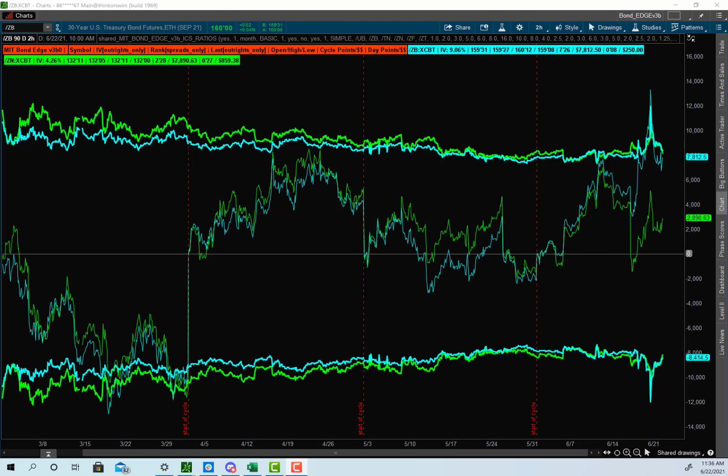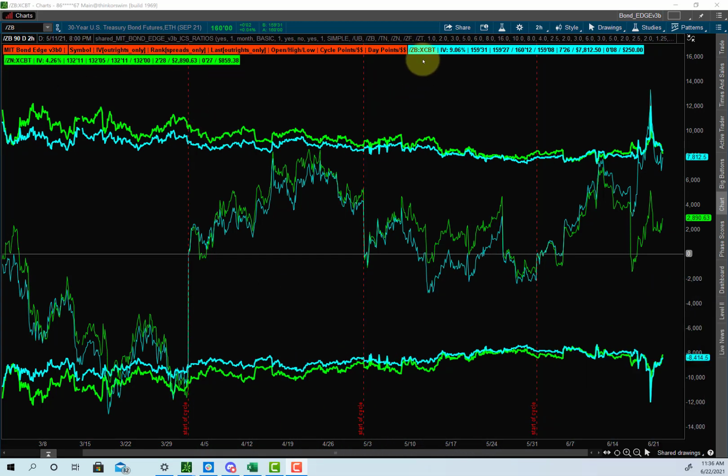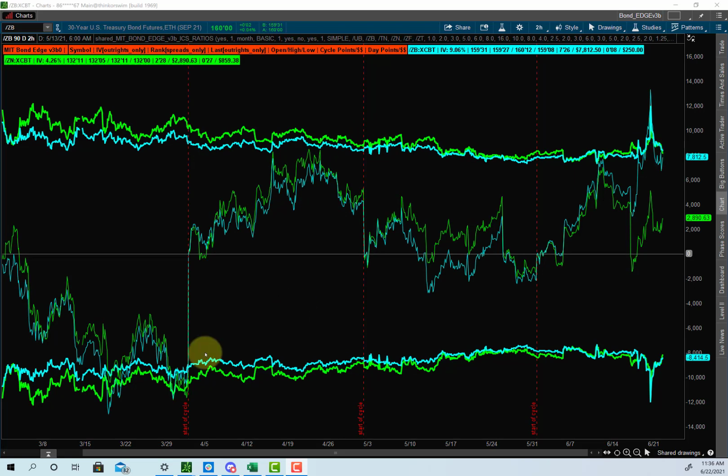In front of you, we're using our edge tools. You can learn about these on the website. This is Bond Edge, and all we're looking at is the ZN contract, which is the 10-year futures contract, and the ZB, the 30-year bond futures contract. These are implied volatility bands.